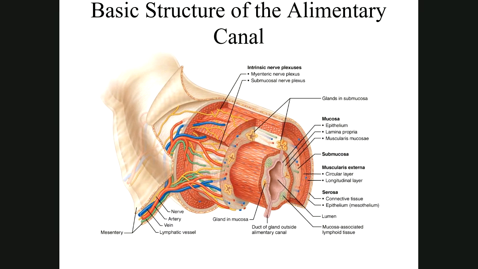Those blood vessels and nerves supply the surrounding GI tract. And it has an abundant amount of elastic tissue that helps the organ regain its shape after swallowing a large meal.